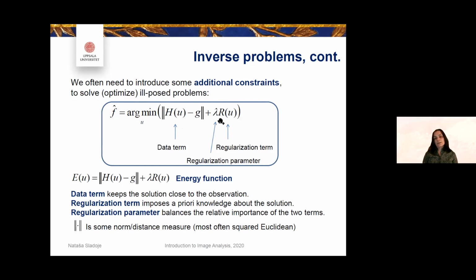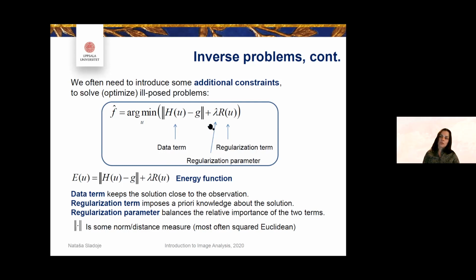That means that we often have to add some constraints in this objective function of our optimization problem. And these additional constraints are often referred to as regularization terms, or one term. Since now we have two terms, one of them, which is based on how the, in our case, images look or how our input and output differ, is called the data term. And then we have the regularization term.